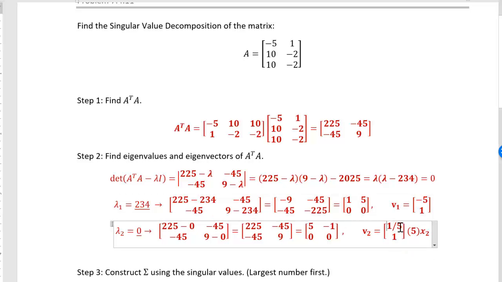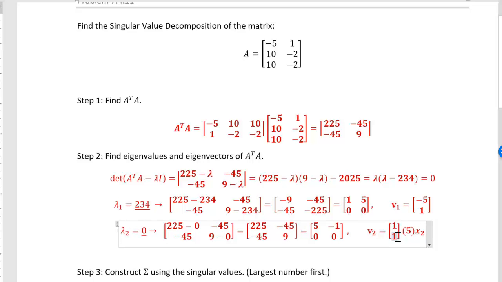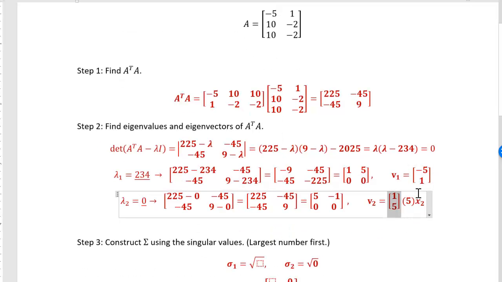So multiply by 5, that will make this into a 1 and make this into a positive 5. So I think these are nicer vectors to deal with, and now that we have that, we're pretty much ready to find our V matrix.